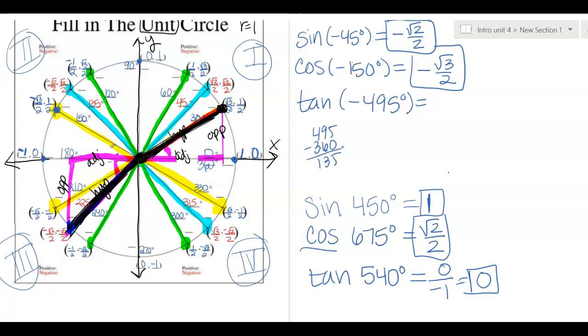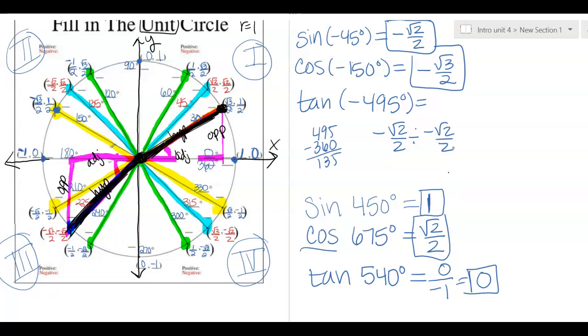Other option, count by 45s because it ends in a 5, but make sure you're not using the 30 marks when you count that, okay? So if I count backwards by 45s and I want to go 135 because that's how much I have extra, 45 plus 45 is 90, 90 plus 45 is 135, okay? So negative 495 lands at the same spot as 225, and I'm calculating the tangent there, and so the tangent would be the y-coordinate divided by the x-coordinate.